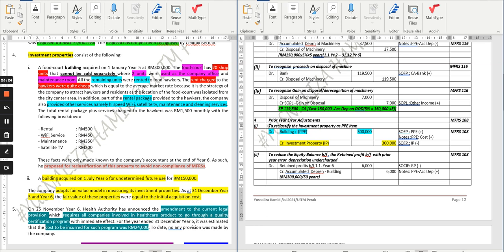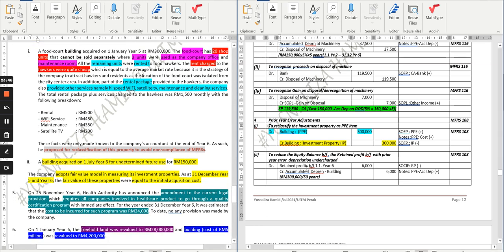For the 300,000. And we need to go and credit the investment property. Which one? The building that was before this classified as an IP, and now that has to be reclassified as a PPE, and that was somewhere on 1st of January, year 5.